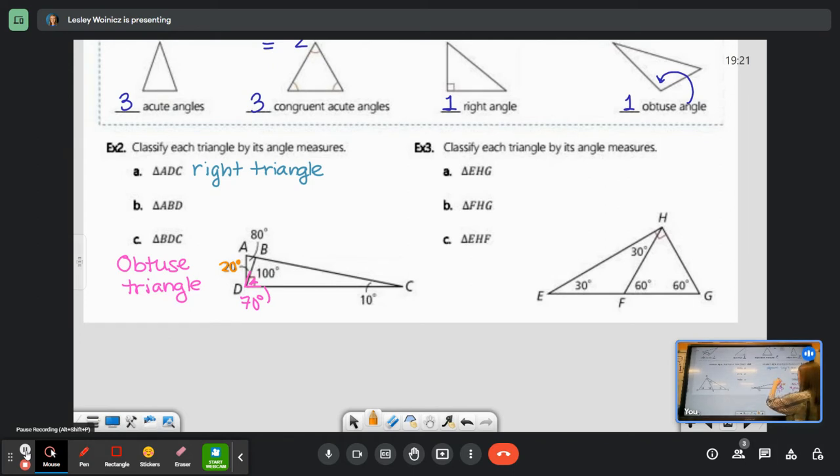And so what does the other angle have to be? So 180 minus 80 minus 20. 180 minus 80 is 100, minus 20 is 80. So I have two 80-degree angles in here.